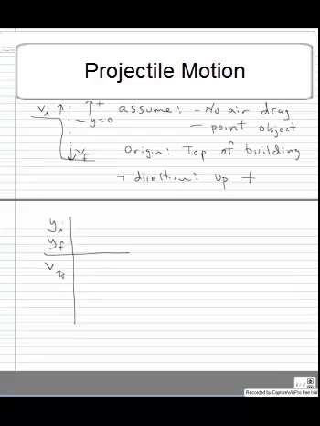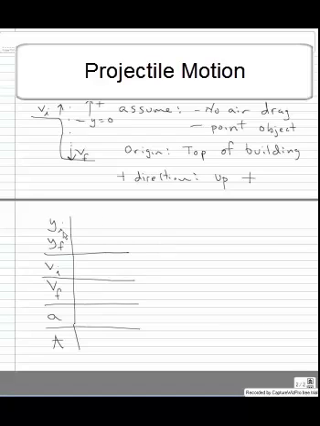V initial, V final, acceleration, and time. So you've got 4 parameters and a change in y. So 5 things you need to know to solve a projectile motion problem. The nice thing is, if you know any 3 of them, you can solve for the other 2.